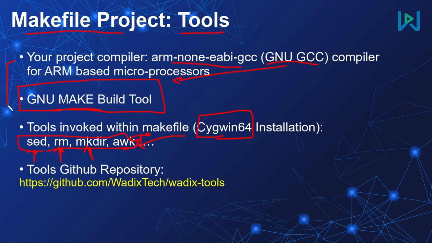You can do the installation manually, one by one, by yourself, or you can just check out our Wadix Tech repository, and to be more precise, the Wadix tools, and that one embeds all the set of tools needed to build and compile our first Makefile based project.